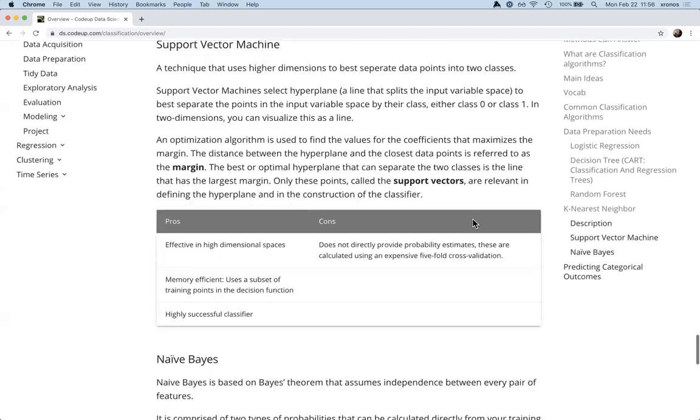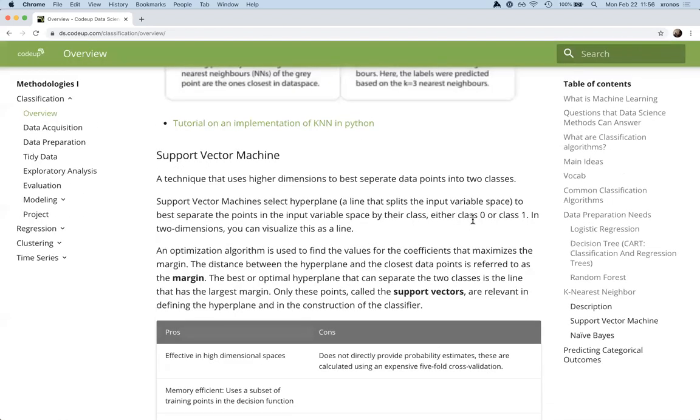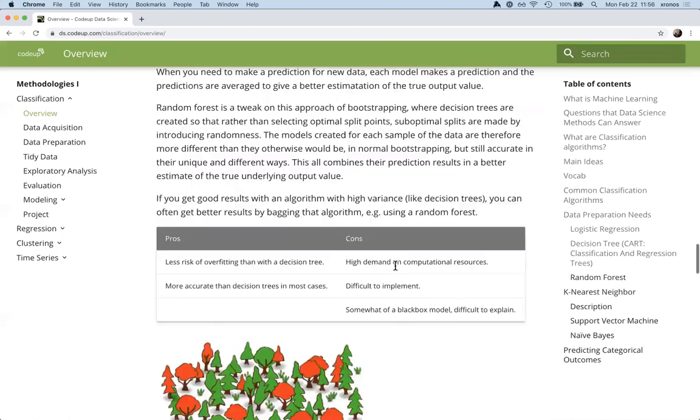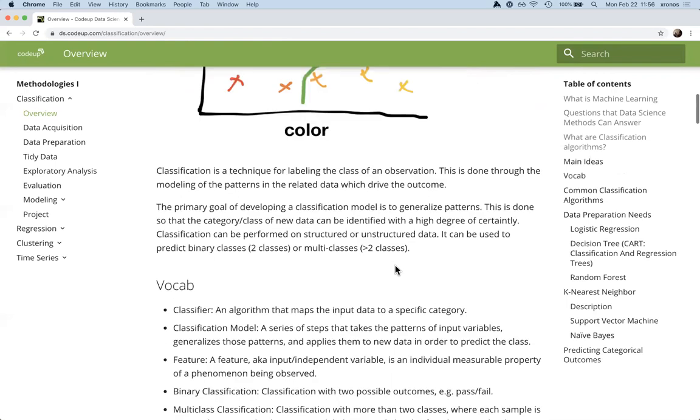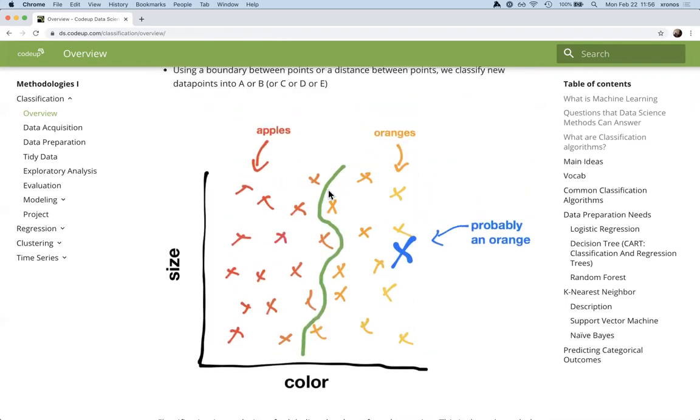It's very, very popular. What a support vector machine is going to do is draw a decision boundary, and that decision boundary can be straight or curved. Usually an SVM is getting some sort of curved decision boundary.